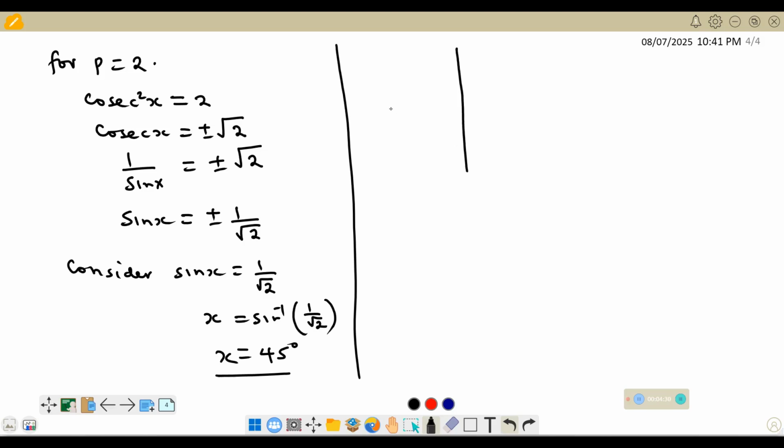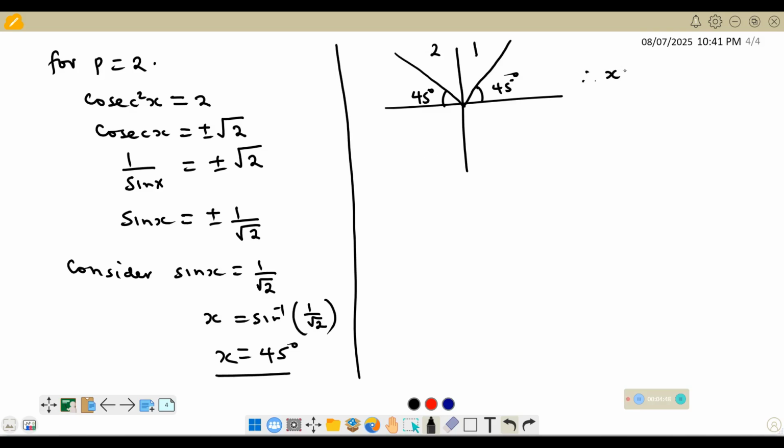So you go to your quadrants and look for where sine is positive. Sine is positive in the first quadrant and this quadrant here, that is the first and the second quadrants. So here you will allocate your 45 degrees.